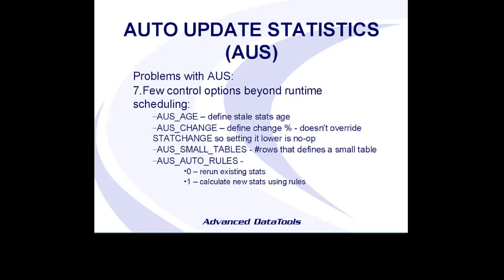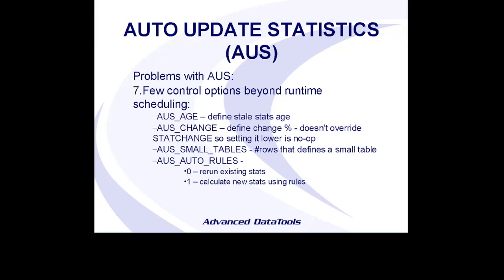AUS change, which defines the percent change that the AUS evaluator uses to determine which tables, again, to tell the refresh task to run. It doesn't override stat change. Okay, so if you set AUS change to a lower value than stat change, the refresh may run and update statistics for that column or that table, but stat change may prevent it from actually doing anything. Okay, so that's something to keep in mind.